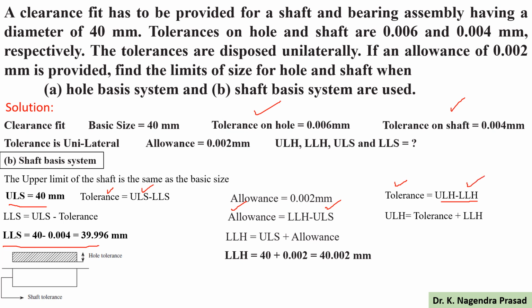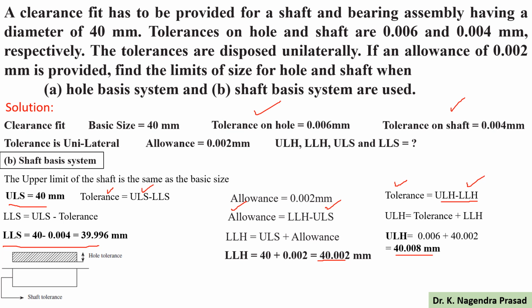Then the upper limit of the hole will be the tolerance plus lower limit of the hole, which is 0.006 plus 40.002, equal to 40.008 mm. So the lower limit of the hole is 40.002 mm and the upper limit of the hole is 40.008 mm.